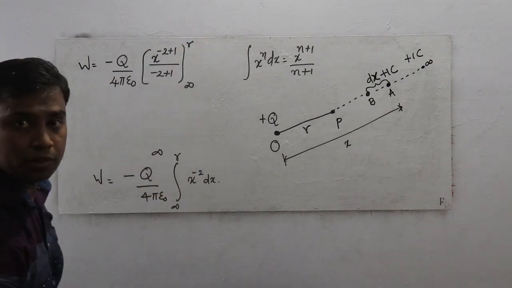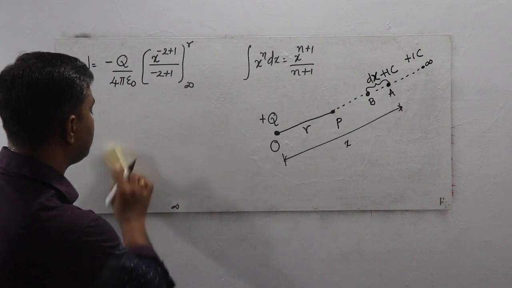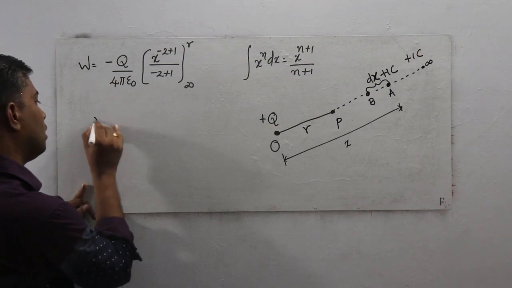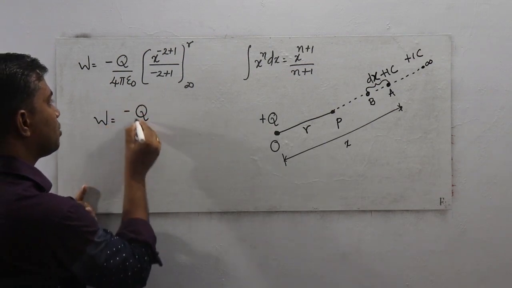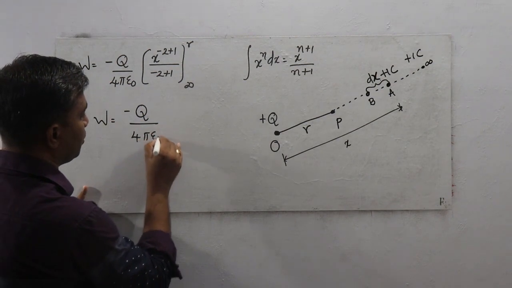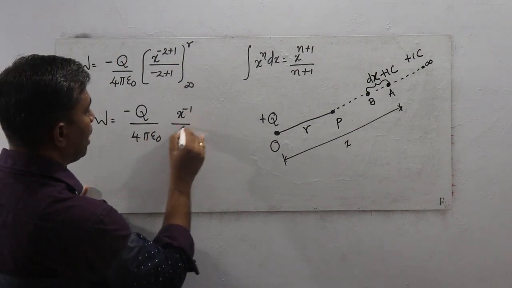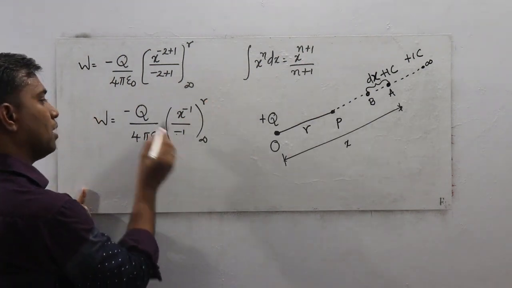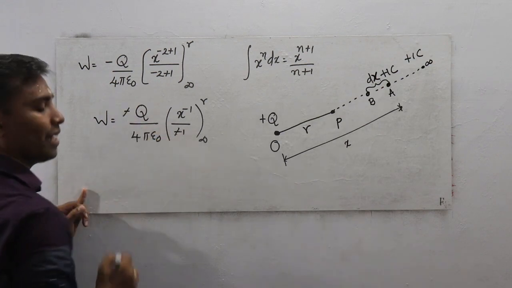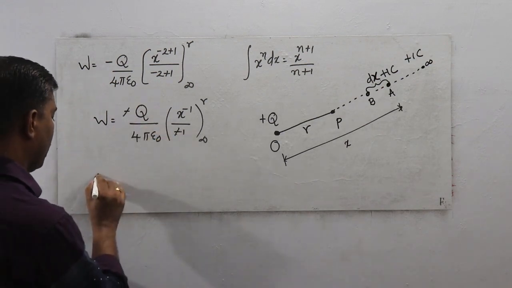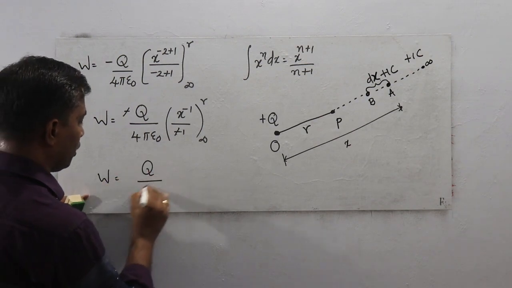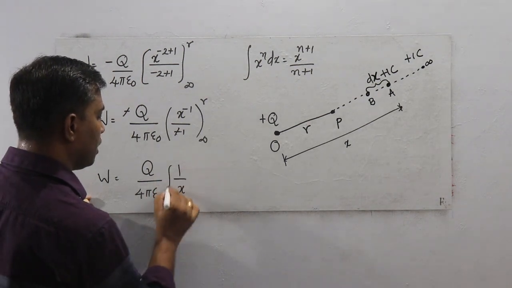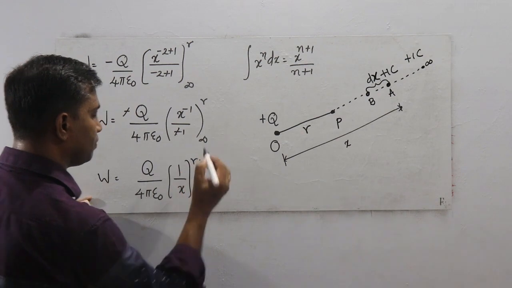Here negative and here also negative, so the negatives will cancel. Then we can write W = Q divided by 4πε0, 1 by x within the limit of infinity to r.